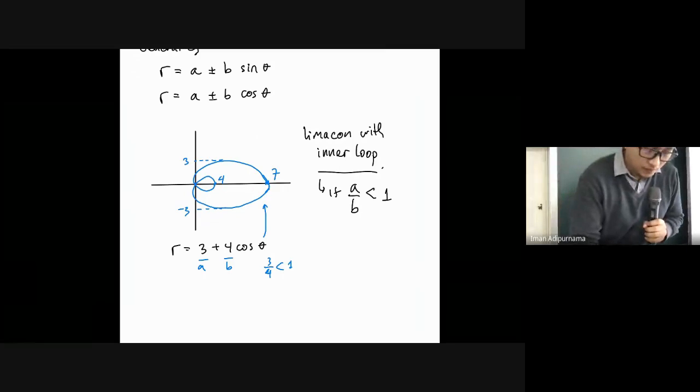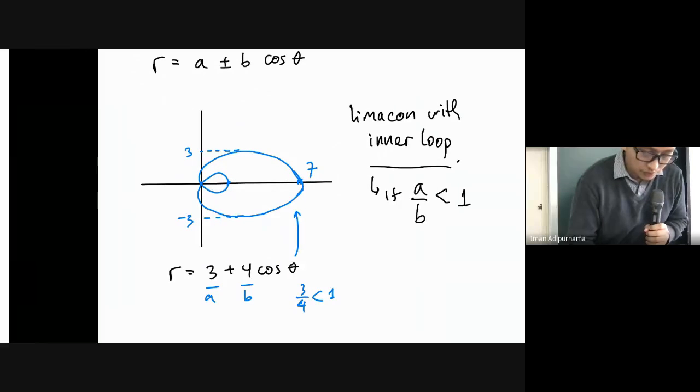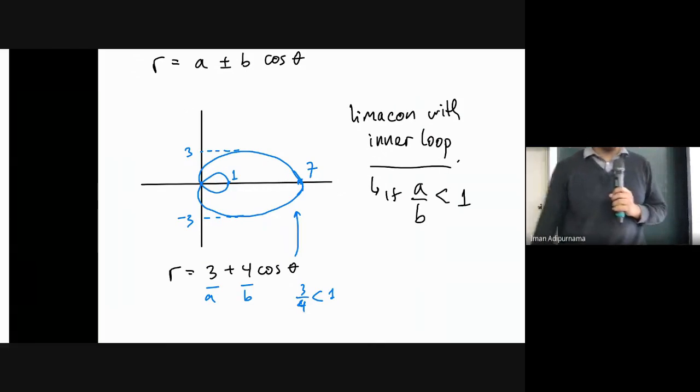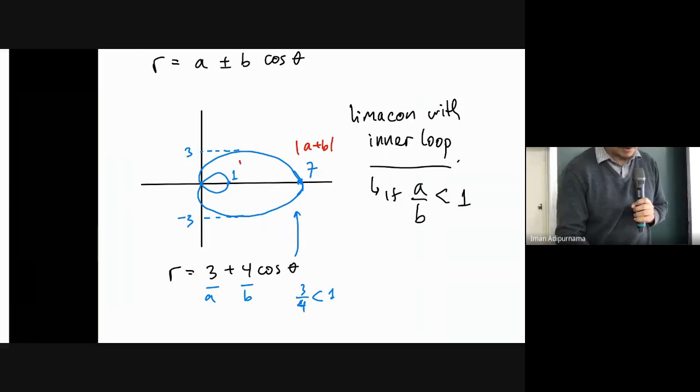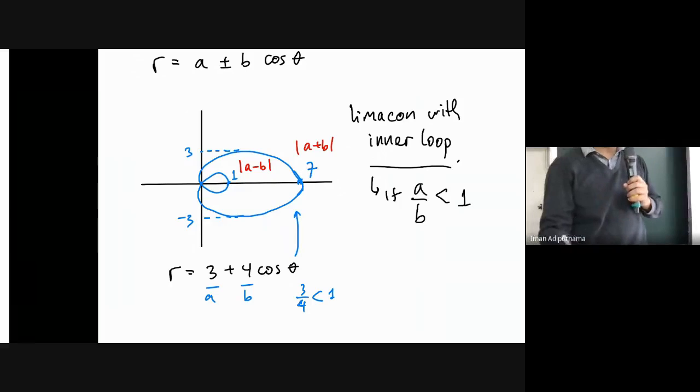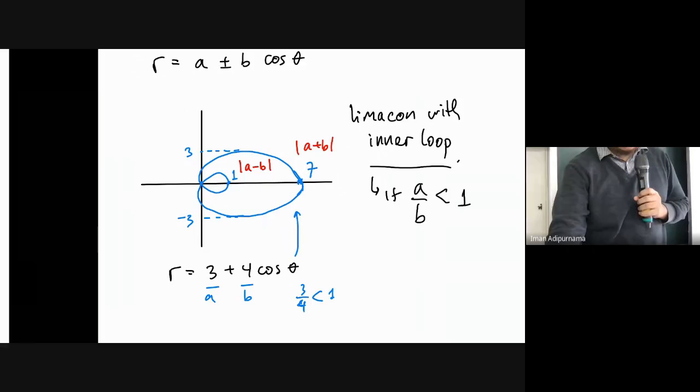Oh, wait. Not 4. It's correct. The proportion is correct. It should be 1. So this should be the a plus b. This should be the a minus b. But it should have absolute value, so the difference between b and a.